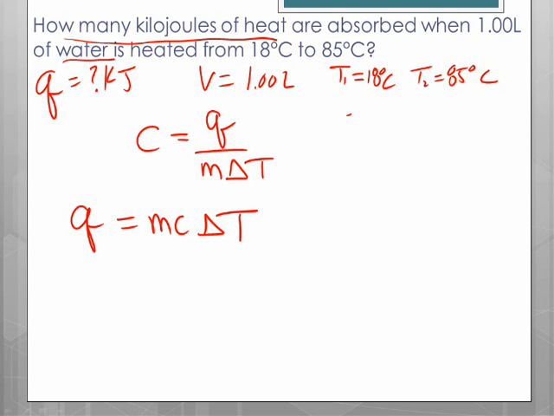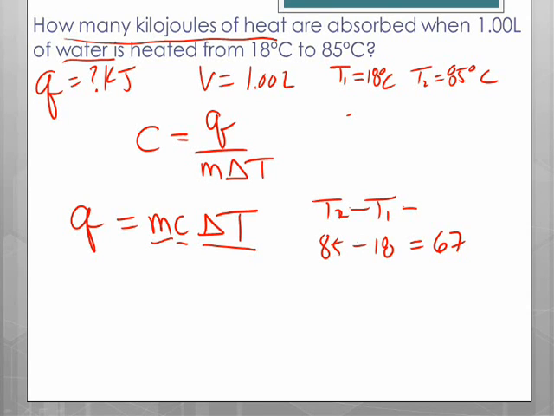Let's look. Well, we're solving for Q. We have delta T, because that is just T2 minus T1, which is 85 minus 18, which equals 67 degrees Celsius. So that's a change, just a difference, so we don't need this. C, we can look up in a table, the specific heat. m is the mass.